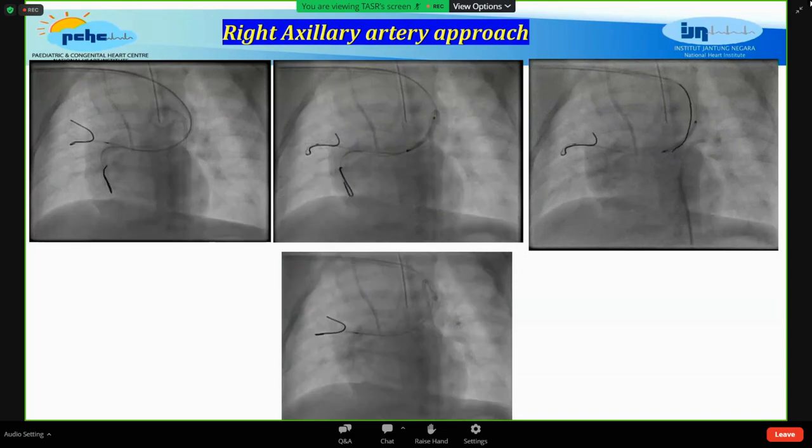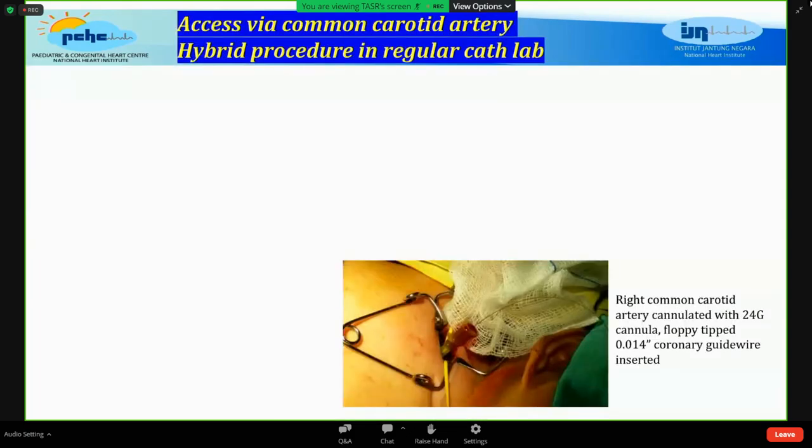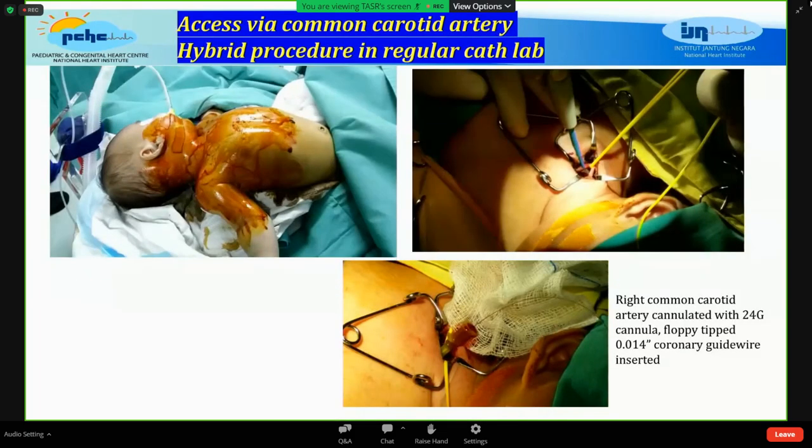In another, it is not uncommon to have a carotid approach. This is usually done in our regular cath lab with our surgical colleague assisting us to get access from the carotid.